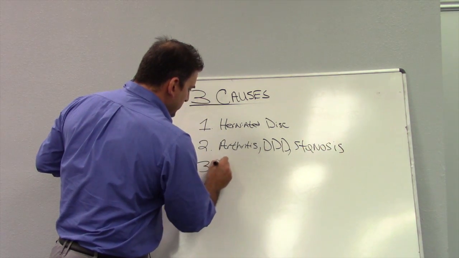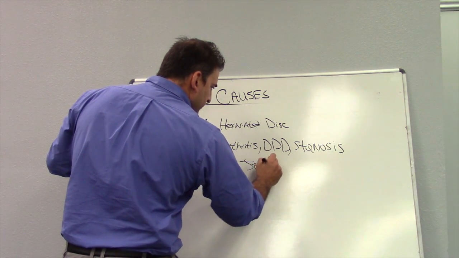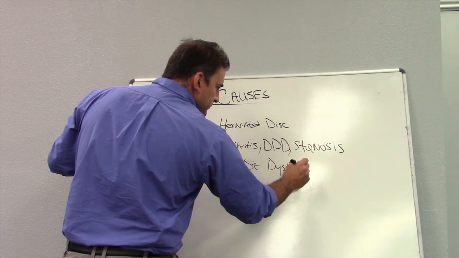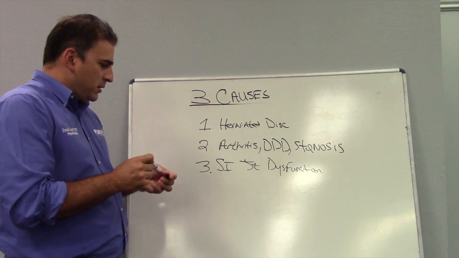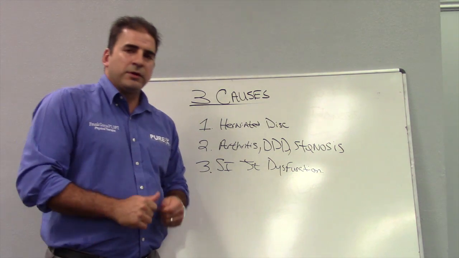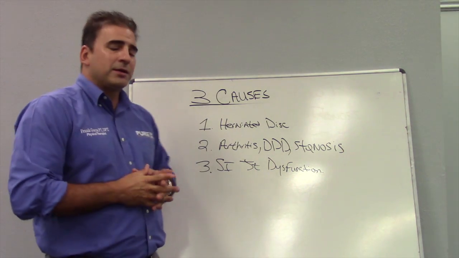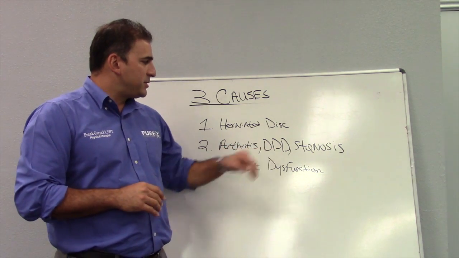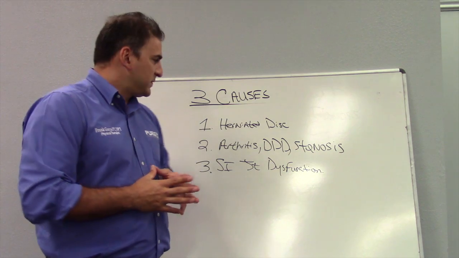And number three is SI joint dysfunction. So there you have it, everyone. The three most common causes of low back pain and sciatica: herniated disc, arthritis, degenerative disc disease, stenosis, and SI joint dysfunction.